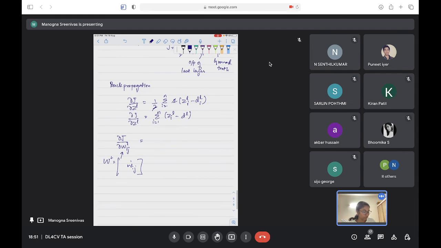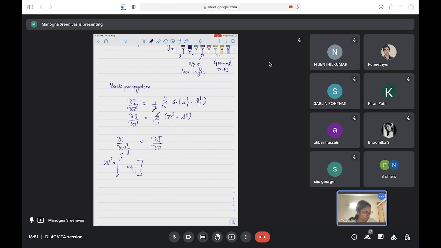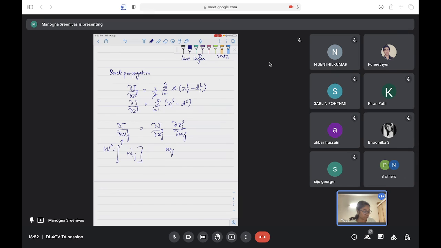So this W_ij connects the ith neuron in my previous layer, the (L-1)th layer, to the jth neuron in the Lth layer.